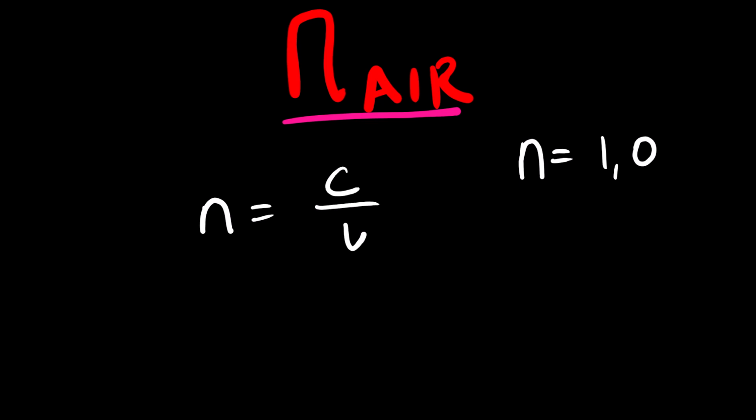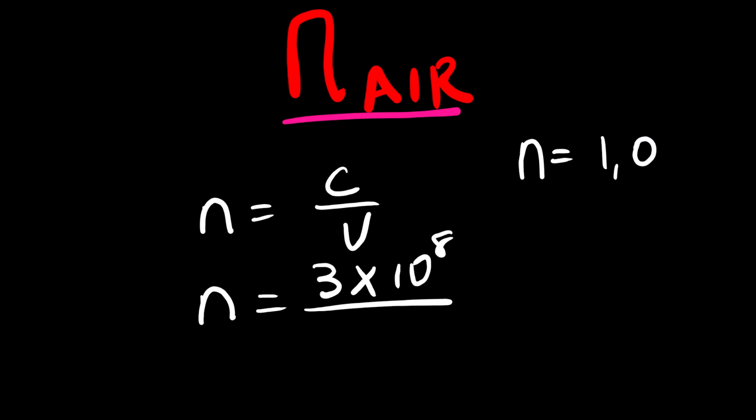The next part of the lesson video, I want us to talk about the refractive index of the air. Now, for some reason, the refractive index of the air is always 1.0. We can prove this using our equation. n equals c over v. Now n equals, c is the constant, 3 times 10 to the power 8. Now what is the speed of light in the air?